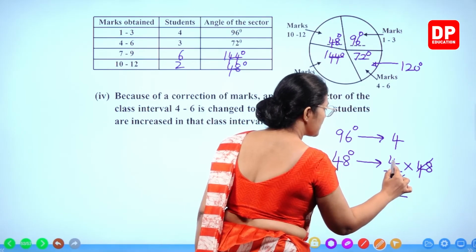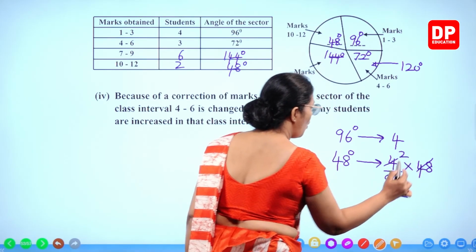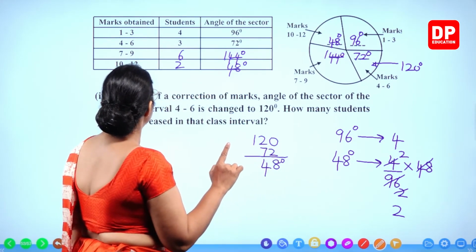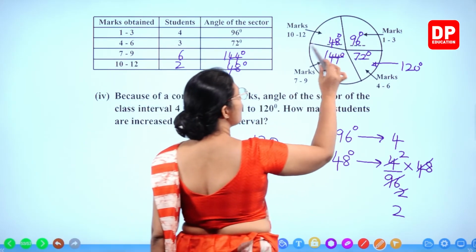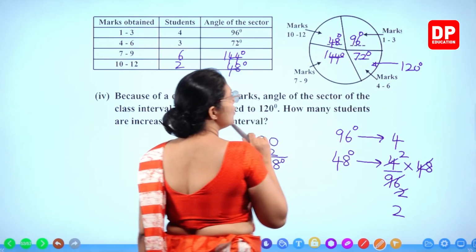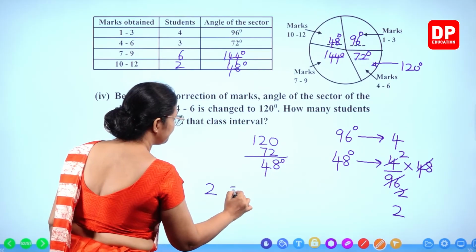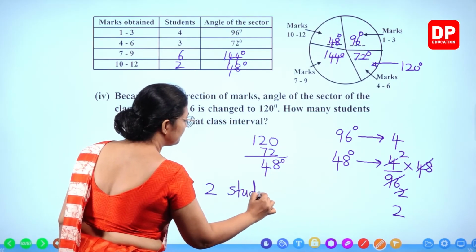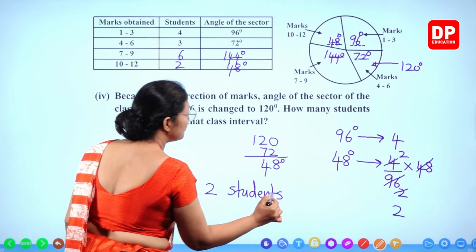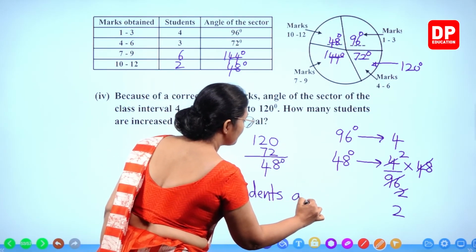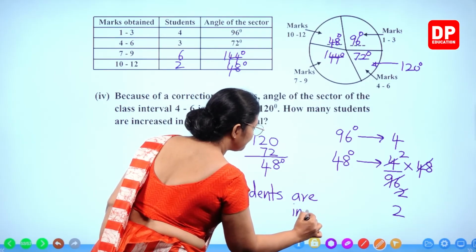So 2 times 2 is 4. So extra 2 students join from another group to this one. So you can write 2 students increased.